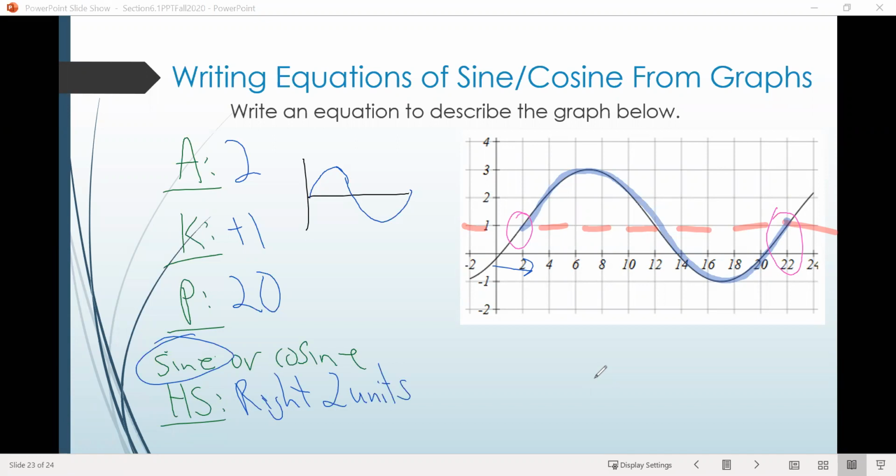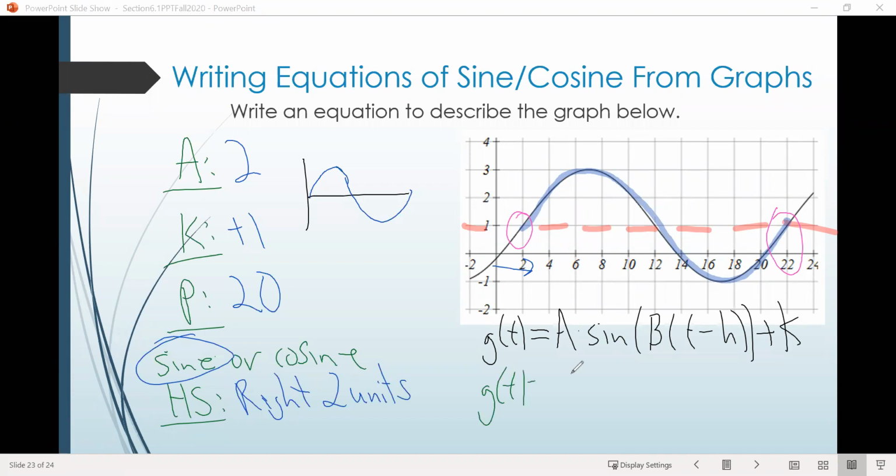Okay. So now with all that information, we can put it together to write our equation. So remember, our general form here is g of t equals a times sine of b times t minus h plus k. And let's fill that information in. So first of all, the value for a, it's the amplitude. It's going to be a 2. Here we have a sine.